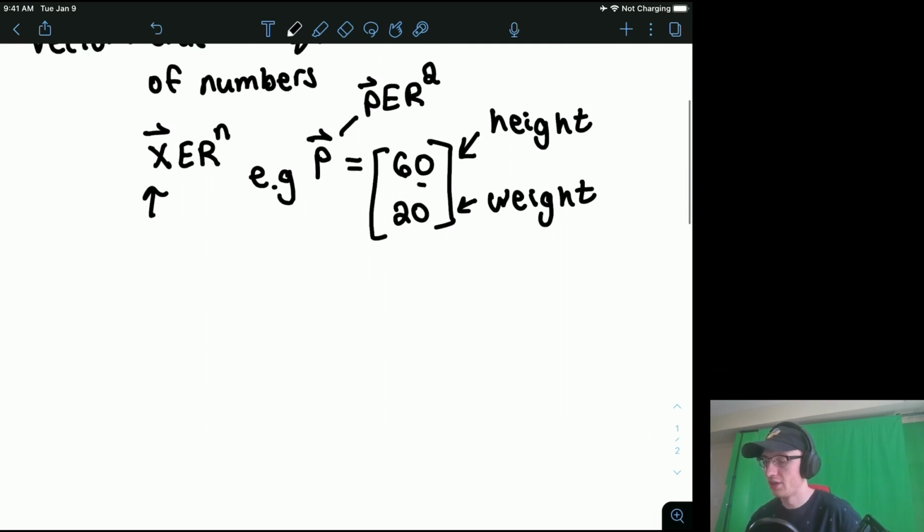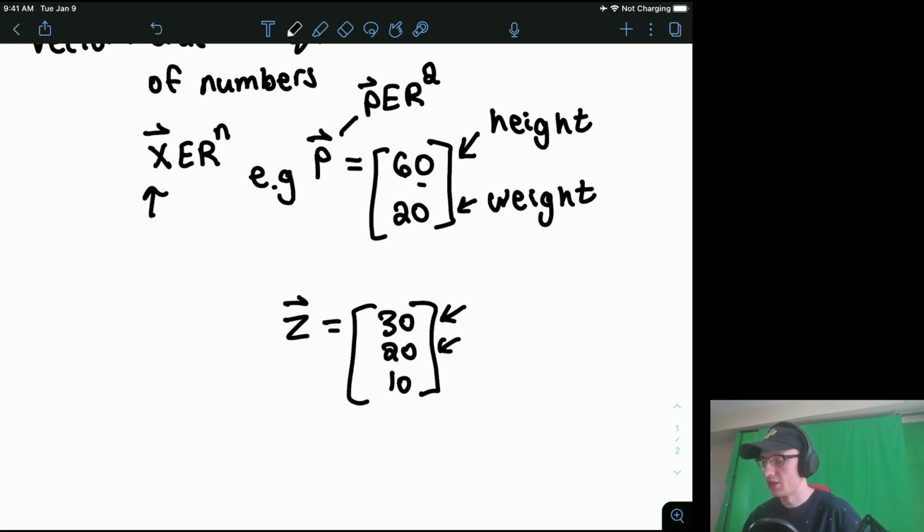We could also have, say, 3 dimensions. So you could have, I'll just call it z, equal to 30, 20, and 10. And I'm not going to bother listing what these different components are, but if you wanted to store 3 different things about somebody, then that's how you would do it. And again, technically, z was a member of the R3 family because there's 3 dimensions.